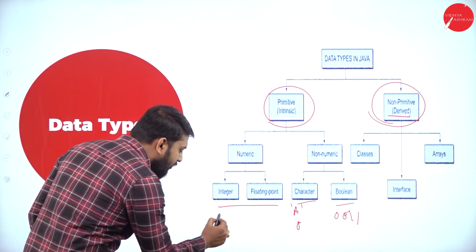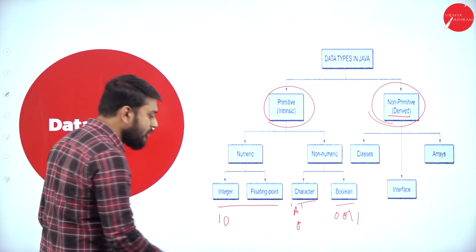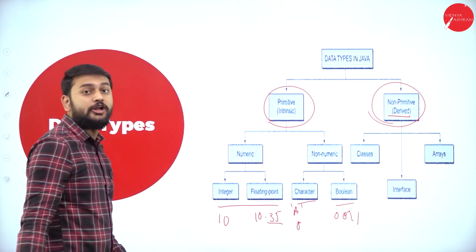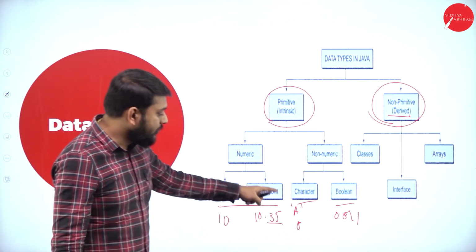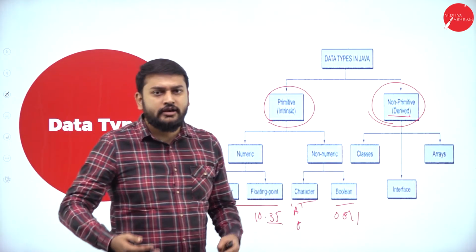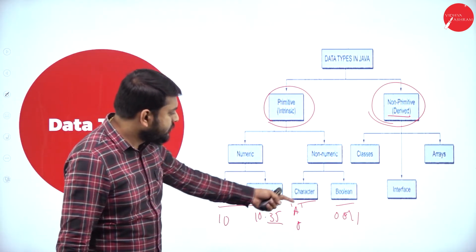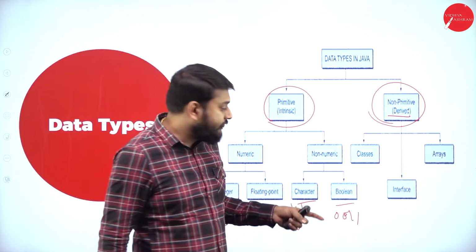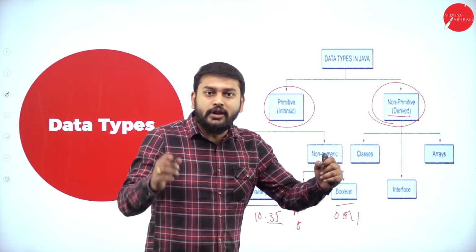Let's take an example. For integer, let me just write 10. For floating, 10.35. You need to understand this is the floating point. When it comes to character, it's a single character, and you can also write a group of characters. Boolean, 0 or 1. That is what you need to remember, which I have not discussed till now. Boolean in the sense what?